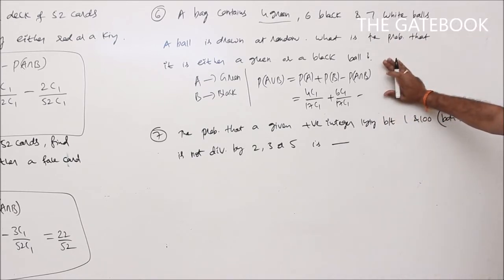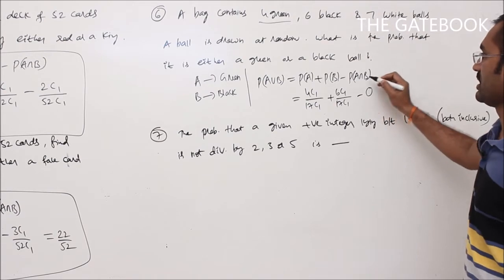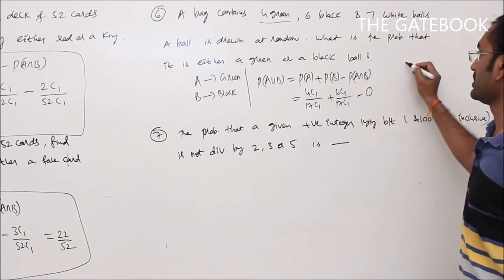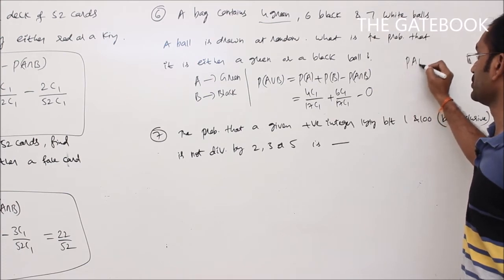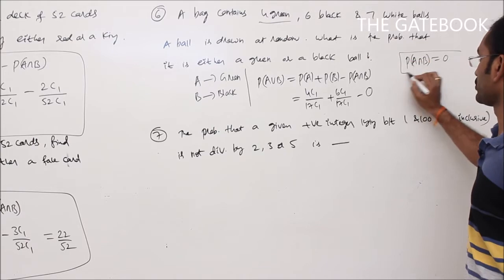Is there any ball which is green and black both together? No. So that part is 0, because A and B are mutually exclusive. If A and B are mutually exclusive, P of A intersection B is 0.